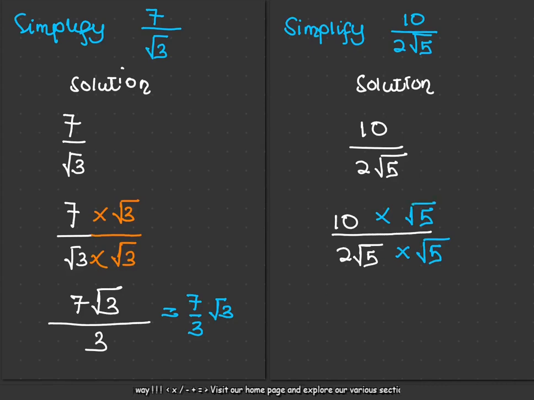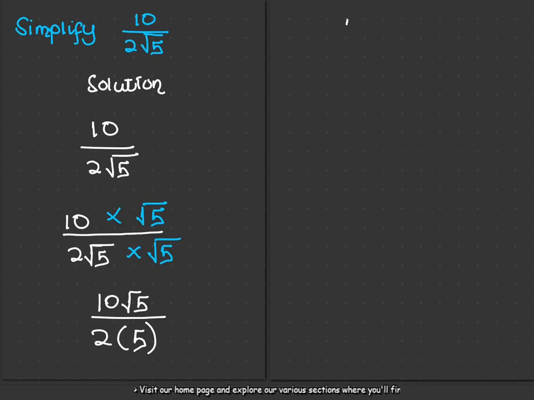And with that, what are we going to get? The numerator becomes 10 root 5. But for the denominator, we have to multiply the coefficients. If you multiply 2 by 1, we get 2. Then root 5 times root 5 no more remains an irrational number, but becomes what? 5. So evaluating further, we have 10 root 5 all over 2 times 5, which gives us 10.